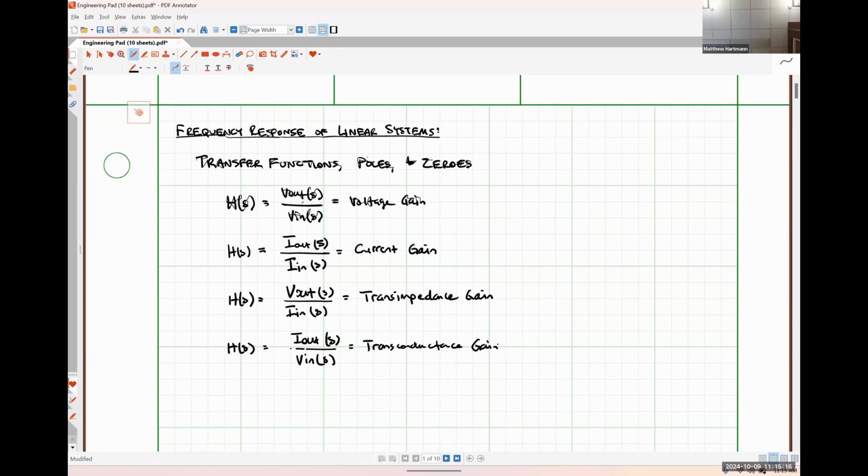They're letting us know what's going on as a function of frequency, whereas h of t let us know what's going on as a function of time. And that's literally the reason why we use capital H for our transfer functions, because it is just the Laplace transform of h of t, the unit impulse response. Okay. So I want to look at a circuit.